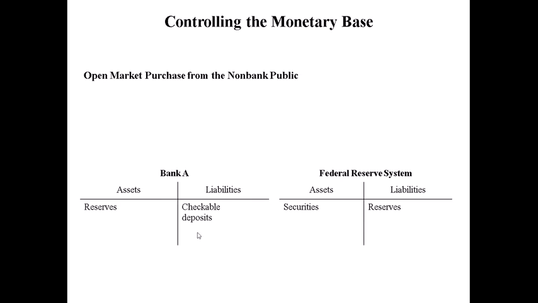How about a different kind of open market purchase? In this situation, after selling his bonds to the Fed, George deposits his check from the Fed in Bank A. So if George's checking account goes up by $100 million and he banks at Bank A, Bank A's liabilities will increase by $100 million.